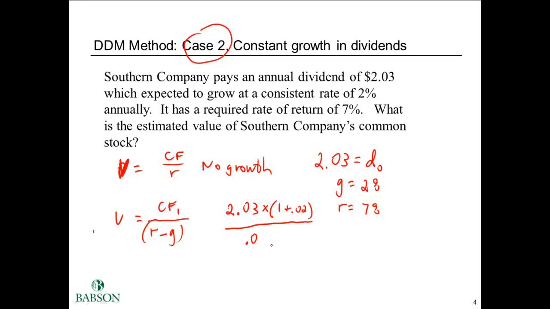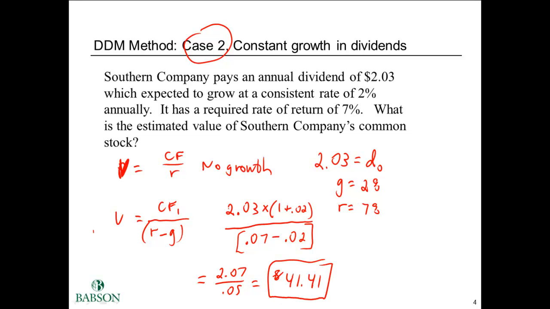Divide by 7% minus the growth rate of 2%. Notice that both of those are in decimal format. So in this case, the dividend expected next year, so that's the numerator, would be about $2.07. Divide by 0.05 gets us to an estimate of $41.41.